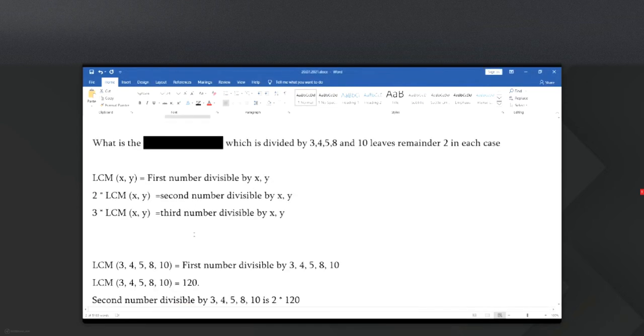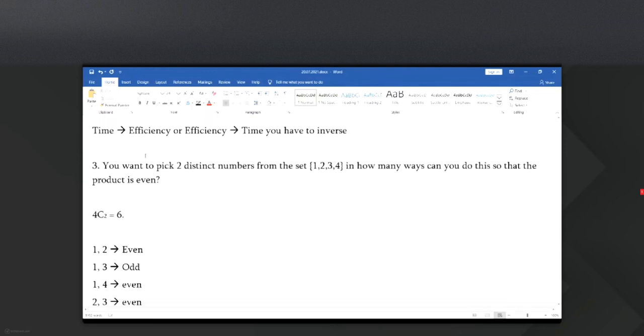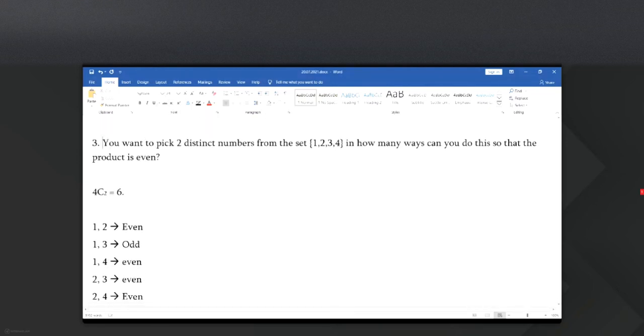For the previous problem, we had 6 possible. The number of ways in which you can select this is 4C2. 4C2 is 6. If you want to pick two distinct numbers from the set 1, 2, 3, 4, in how many ways can you do this so the product is even?